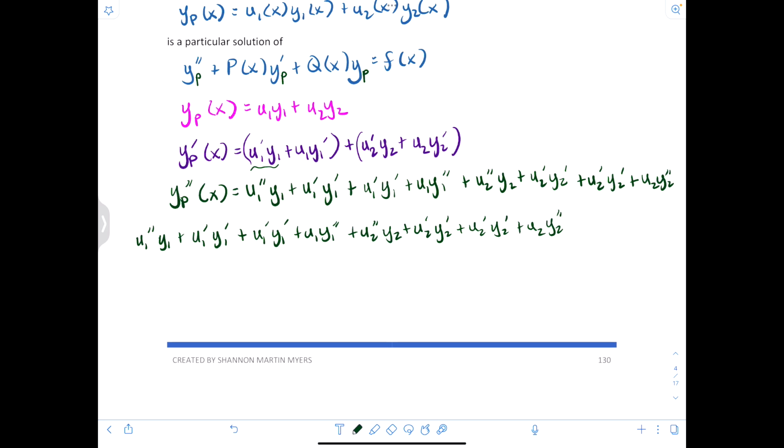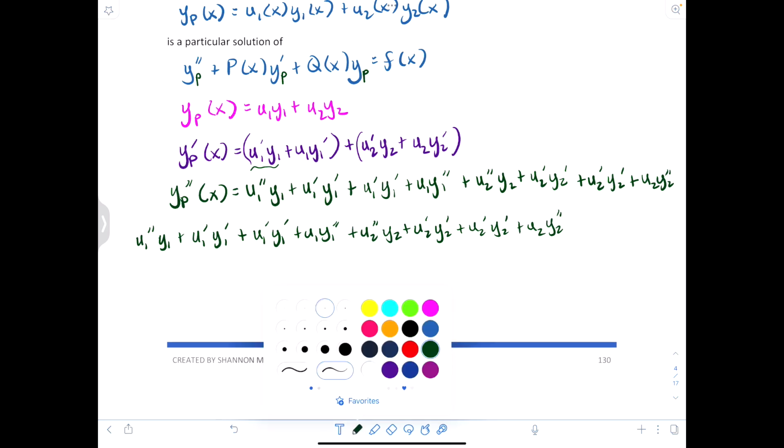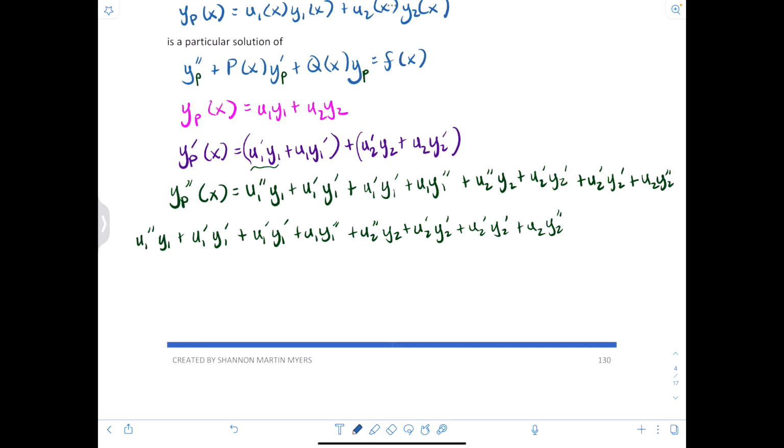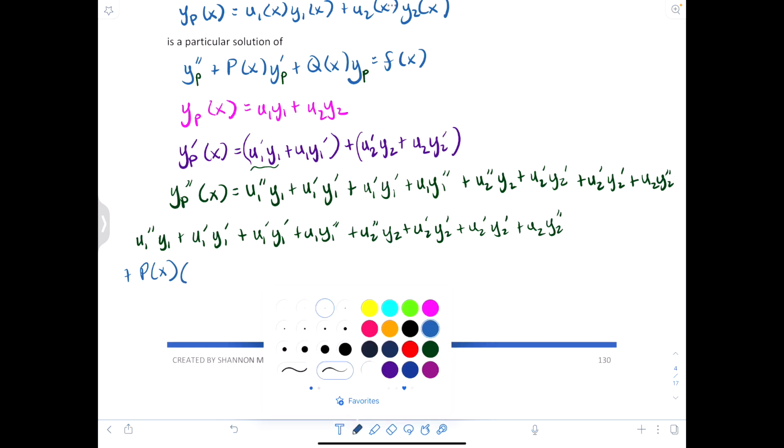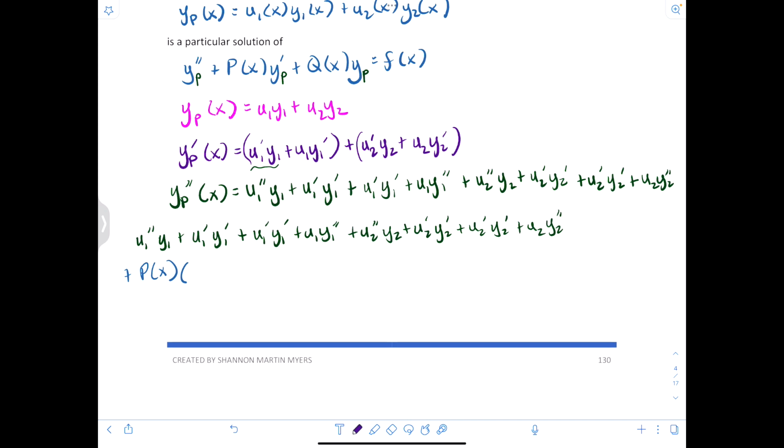And then we have p of x times y prime. So just say plus p at x times u1 prime y1 plus u1 y1 prime plus u2 prime y2 plus u2 y2 prime.